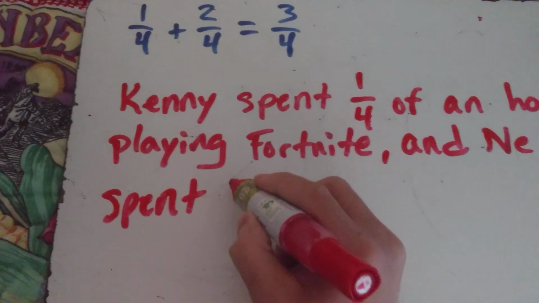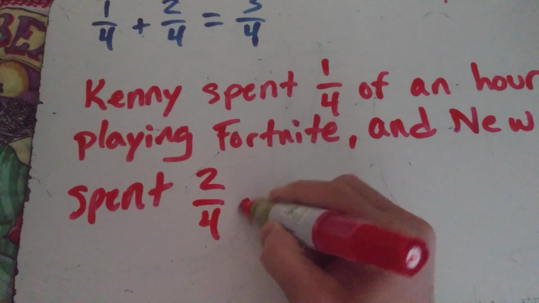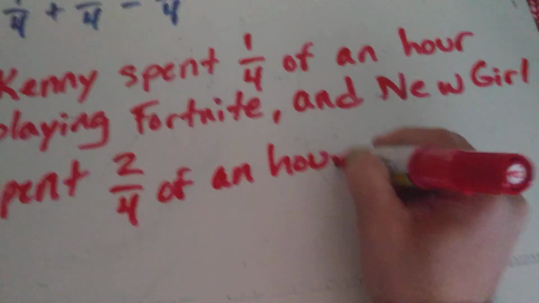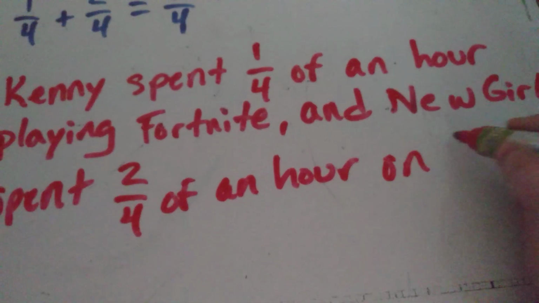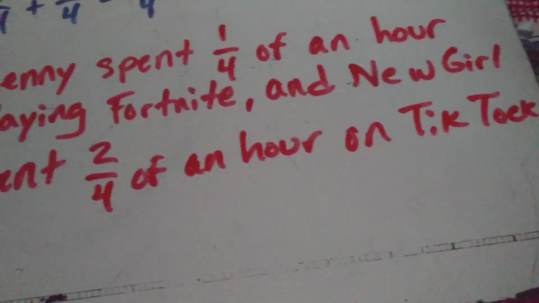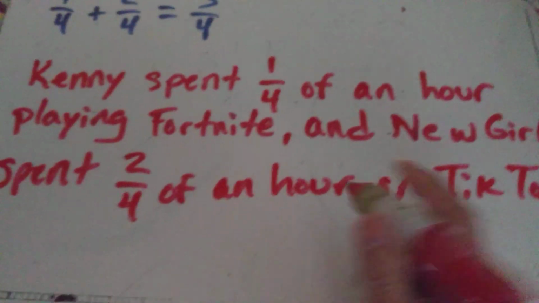She spent 2/4 of an hour. You're never going to believe where she was. She was on TikTok. I don't know. Is that how you spell TikTok? I'm not sure. The kids these days.